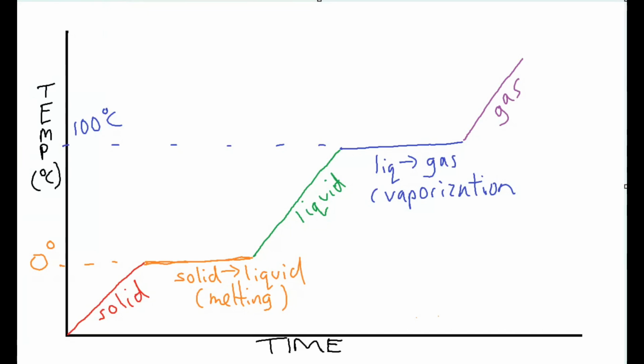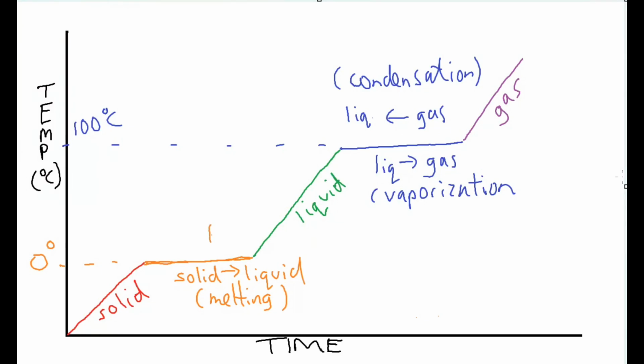Now, if you go back the other direction, you're going to have a gas that's changing into a liquid. That process is called condensation. And then if you go in the reverse direction, again, you just have a liquid that is slanting downward in that green section that's cooling down.